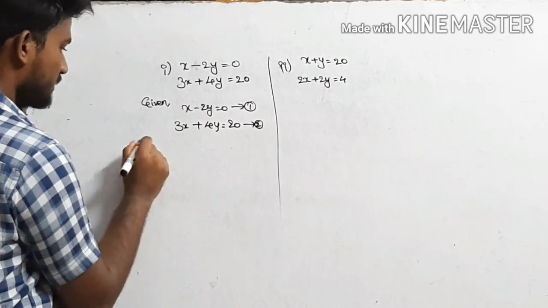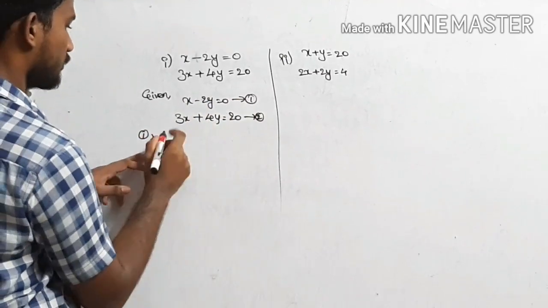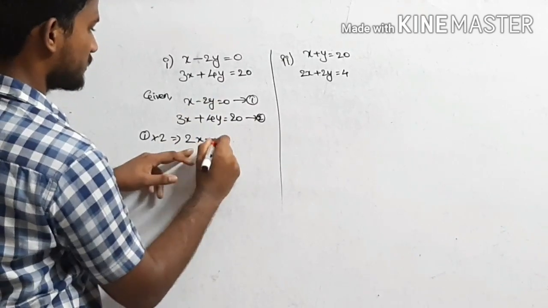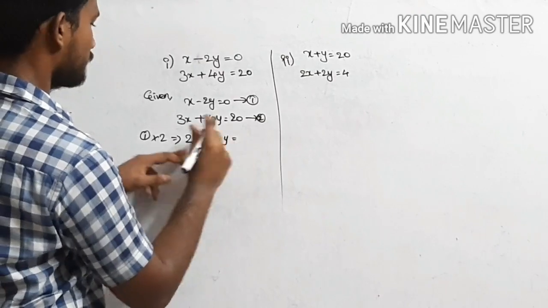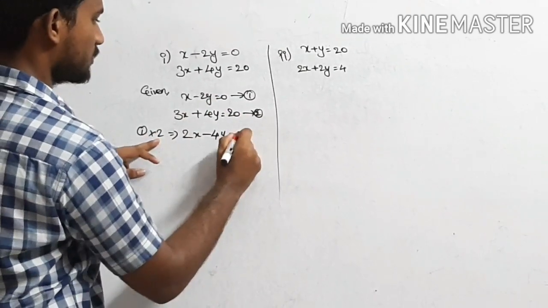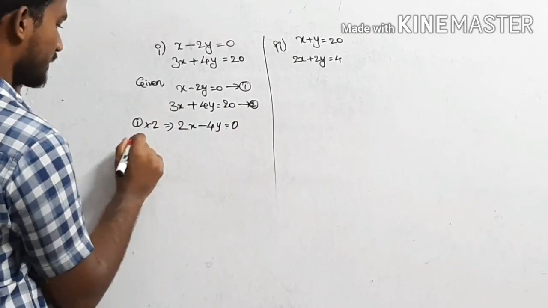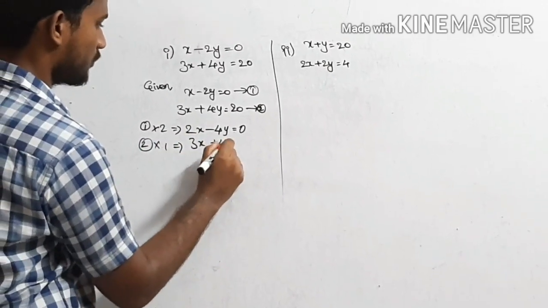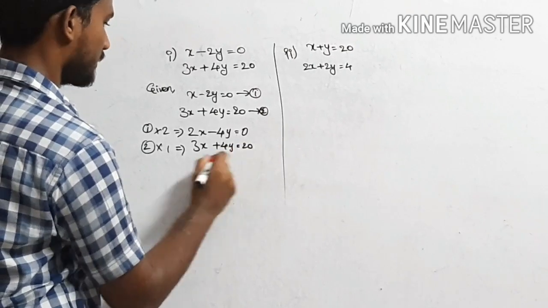We can multiply the first equation by 2, so it becomes 2x minus 4y equals 2 into 0, that is 0. The second equation into 1 is 3x plus 4y equals 20.